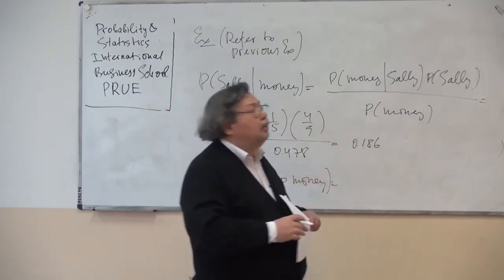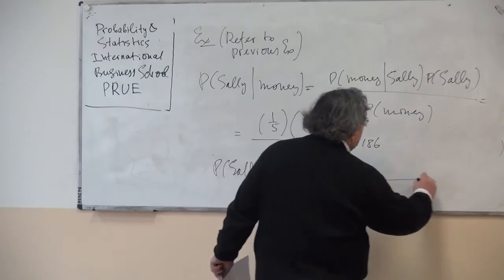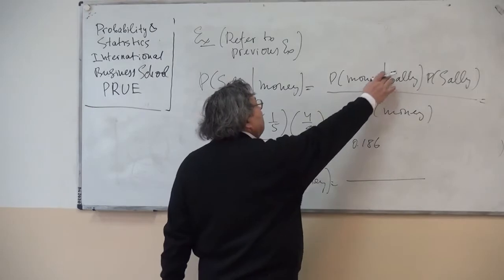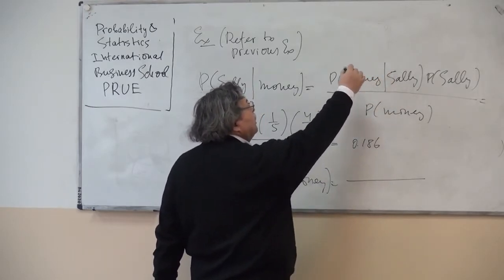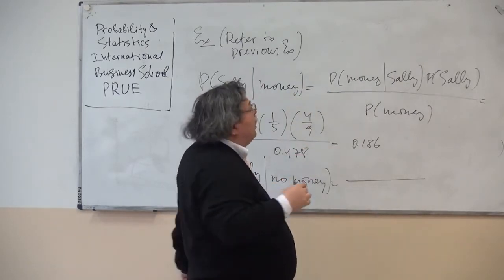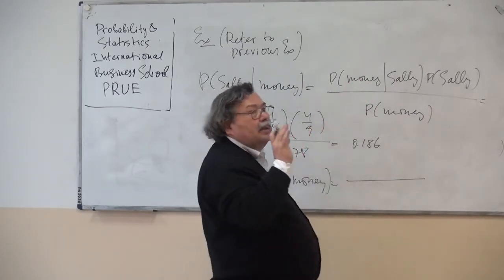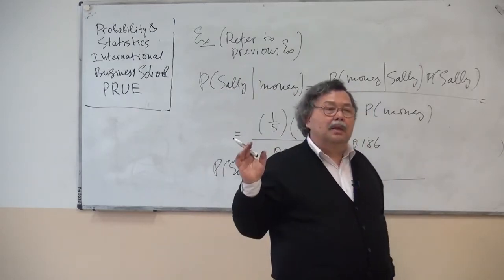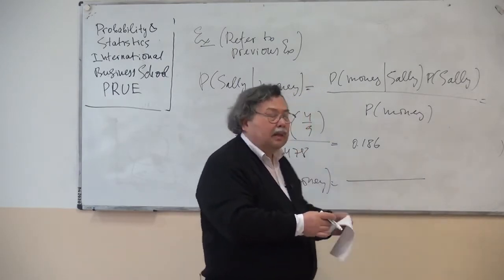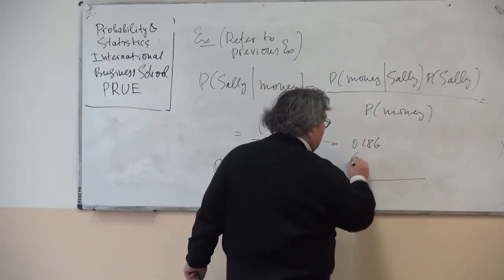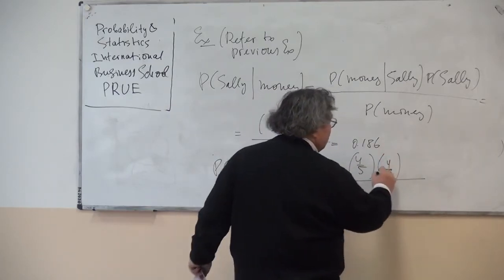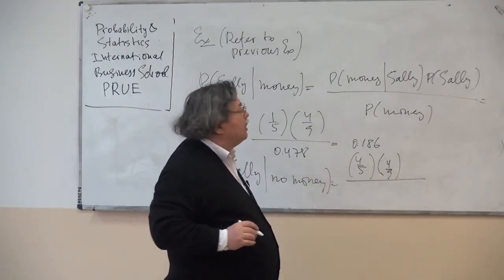How do we change this formula here? We need to substitute the conditional probability that the letter contains no money, given that it comes from Sally. The conditional probability that it contains money, if it's a letter from Sally, is 1/5. So for no money, it's 4/5. And the same probability here, 4/9, which is the probability that the letter comes from Sally.